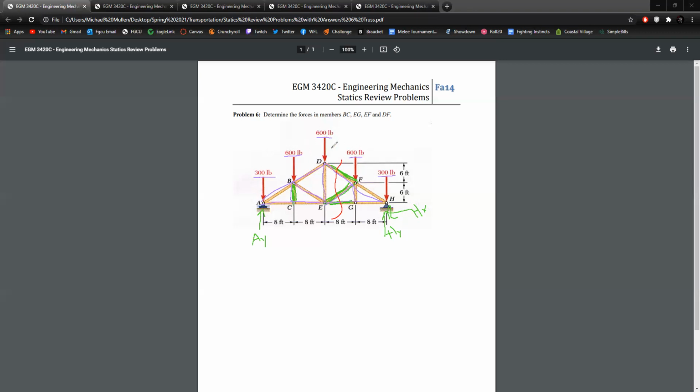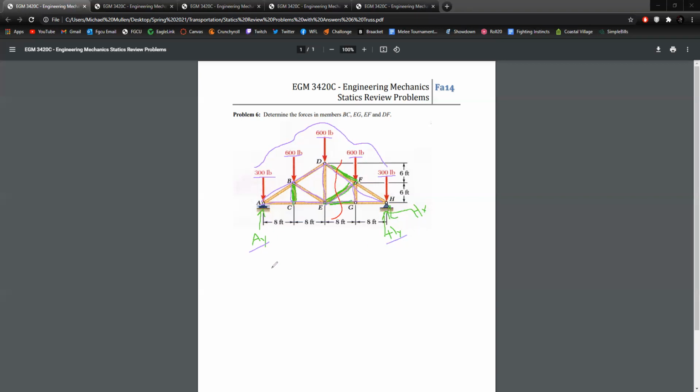Since the applied load is symmetrical and the shape is symmetrical, our AY and our HY are both going to be half the sum of the applied loads. So we can just add all of these up, divide by 2, and say that AY is equal to that, and HY is also equal to that.